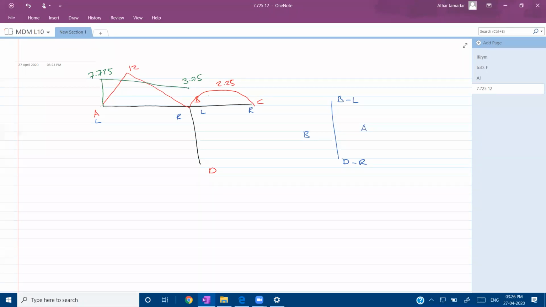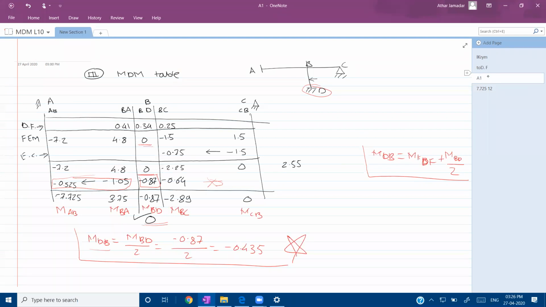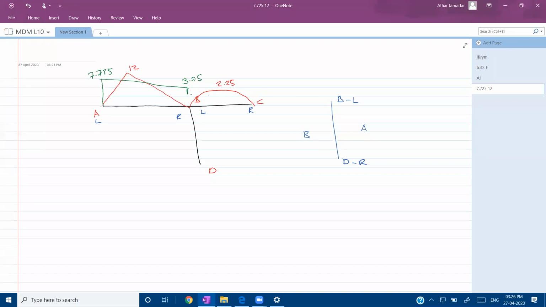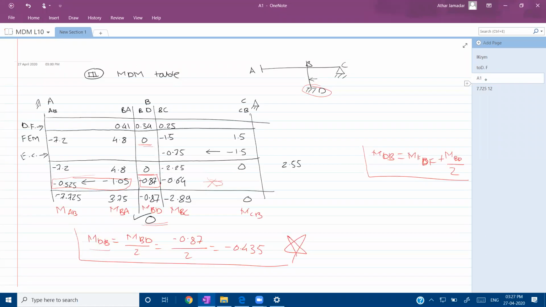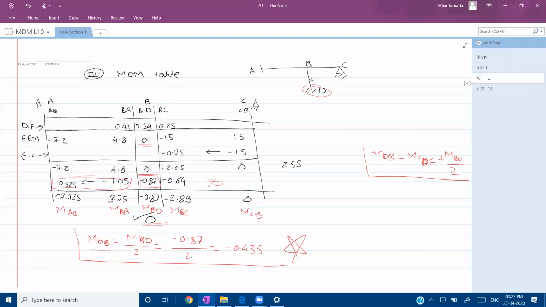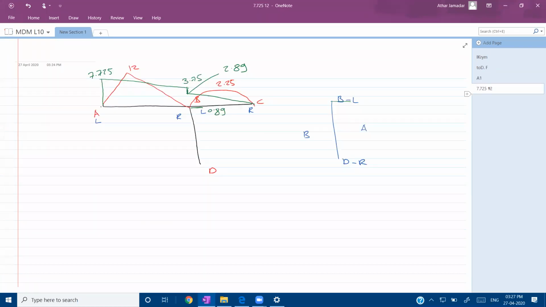Now in case of BC, B is left support, so MBC is minus 2.98 and MCB is 0. So this value here is 2.89. Now in case of BD, B is left support, D is right support, and MBD is minus 0.87. So left support negative moment above the baseline. This is above side, so here 0.89, and MDB is 0.43 here.